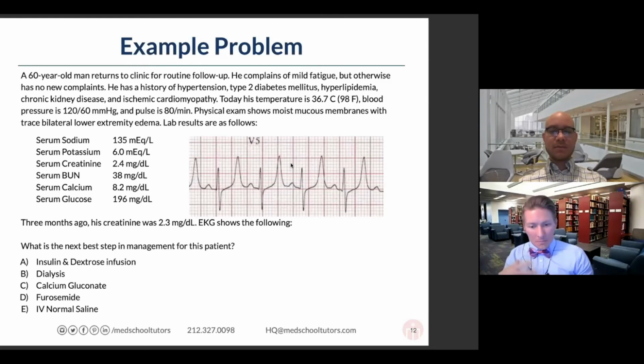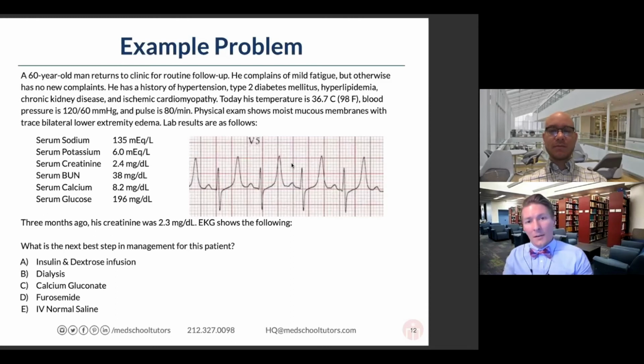All of these answers, barring IV normal saline, which is not correct, are going to end up helping us to either lower the serum potassium level or protect the heart. And once you see the EKG changes here, your first priority is to guard the heart by giving calcium. Then you can tinker around with the potassium value by using insulin and dextrose, or using a beta agonist, or excreting the potassium from the body using dialysis or furosemide or some other diuretic.